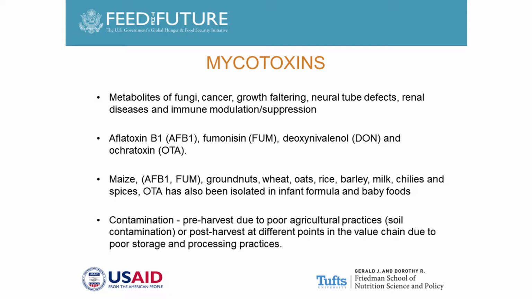But then there's also these other toxins, like fumonisins, for example, that have also been associated with cancer. Mycotoxins have also been associated with neural tube defects and renal diseases and immune suppression. And most recently, which is of interest in our field especially, with growth faltering. There's some evidence showing that it could be related to that, and there's a lot of research going on as to how it may be related to growth faltering.